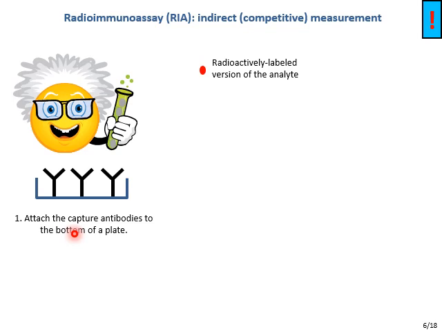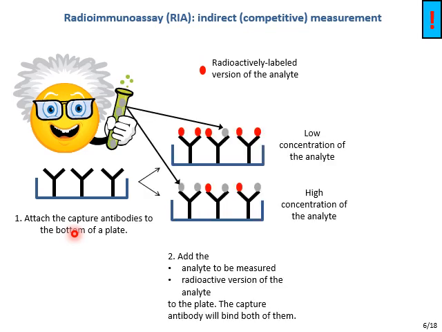But the second step is already different, because we pour a mixture into this plate, a mixture of the sample to be analyzed and the radioactively labeled version of the analyte.